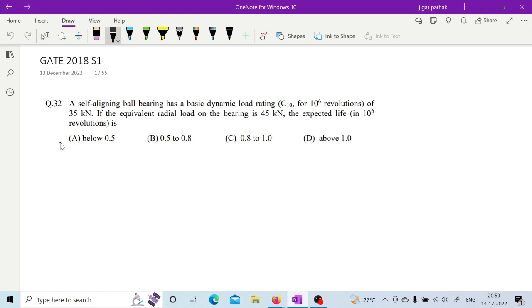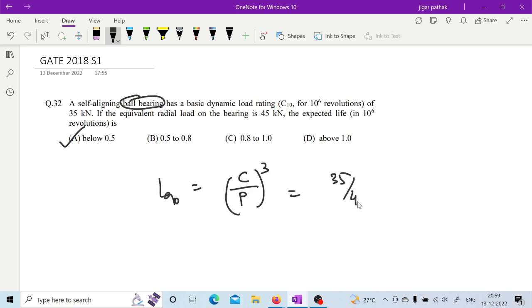Sir, A. Yeah, it is below 5, because this L10 will be C by P raised to 3 again, because it is a ball bearing, right? So C is 35, P is 45. So this will come around 0.4705, right?